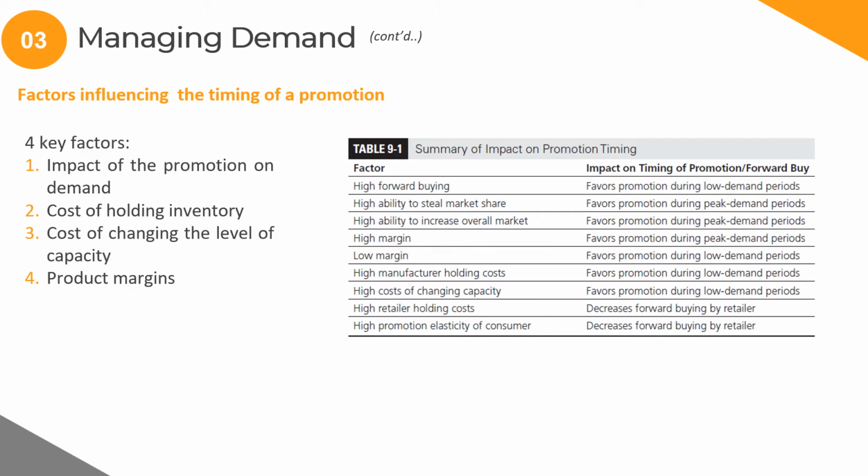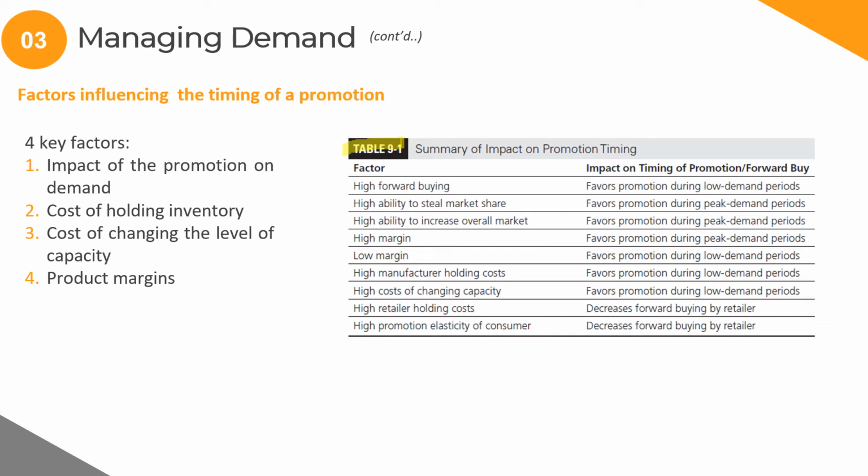These are the four key factors influencing the timing of a promotion. The first one is the impact of the promotion on demand, cost of holding inventory, cost of changing the level of capacity, and the product margins. So in this table 9.1, we can see the summary of the impact on promotion timing.